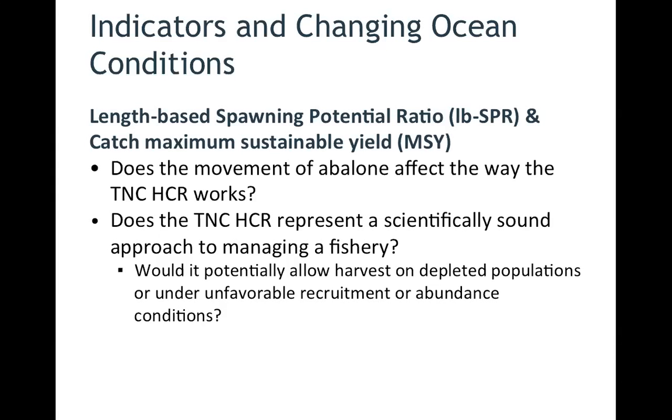Does the Nature Conservancy harvest control rule represent a scientifically sound approach to managing a fishery? Would it potentially allow for harvest on depleted populations or under unfavorable recruitment or abundance conditions? And with that, Jason, I'll turn it over to you to talk through whether or not these are the types of questions that you are asking, and whether or not these are within the scope of your review.